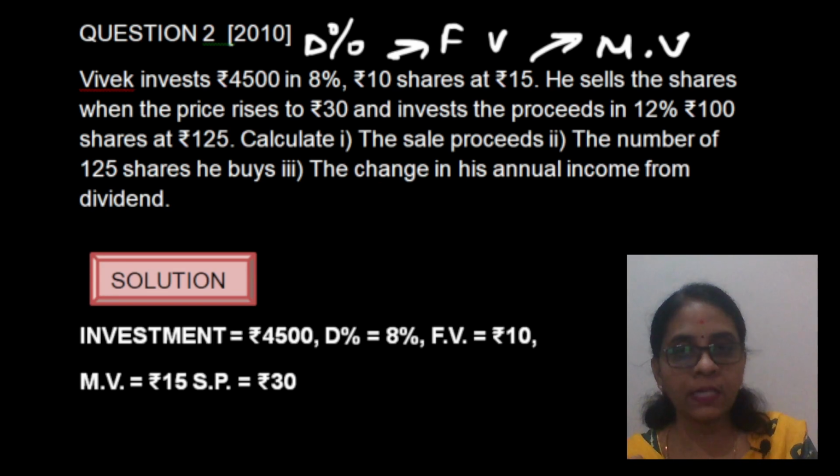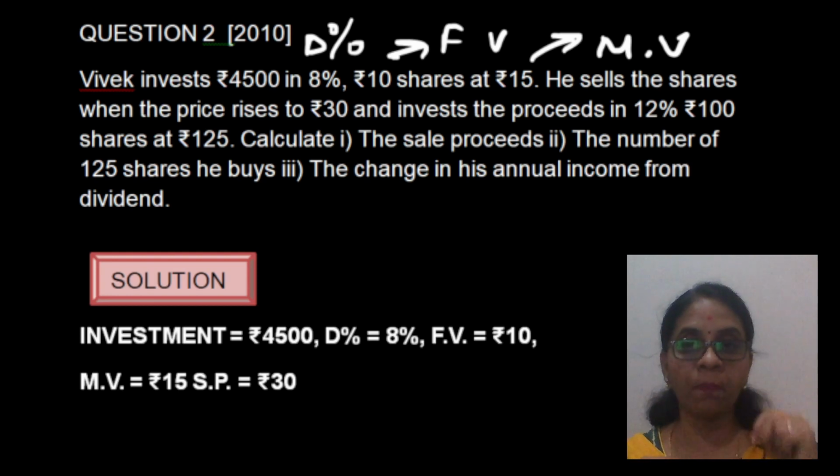Again children, if you read that line, 12% rupees 100 shares at rupees 125, which means the dividend percent given by this particular company is 12%. Rupees 100 is the face value and rupees 125 is the market value for company Y. So we are considering Vivek in two companies. One is company X and one is company Y, but we will not mention X and Y. It is for you to understand.